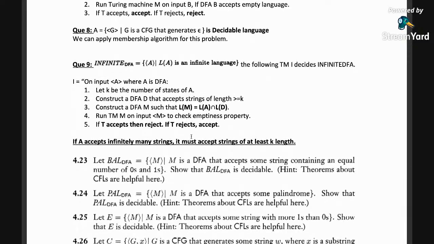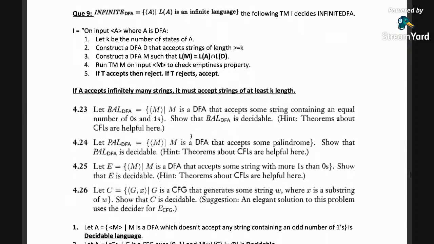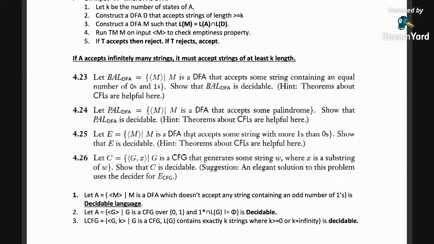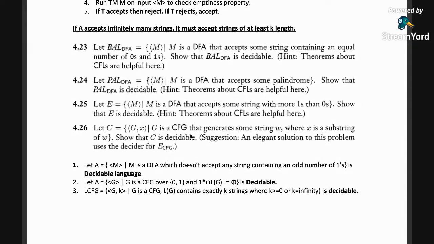Infinite DFA. The following Turing machine decides infinite DFA. If A accepts infinitely many strings, it must accept strings of at least length k. M is a DFA that accepts some string containing an equal number of zeros and ones. Show that BAL DFA is decidable.